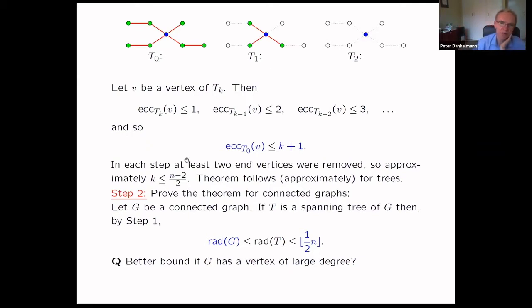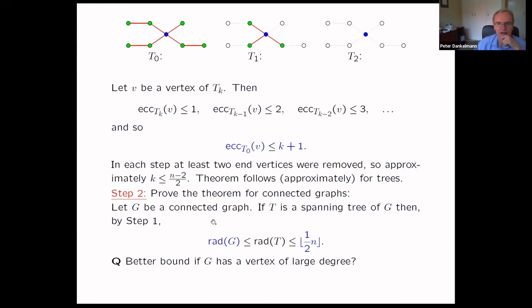Well, if you think a little bit more, it's at most n minus 2 over 2, and approximately this gives us the theorem. We just put this bound for K in and get that the eccentricity of V is about at most n over 2. If you want to prove the precise value with the floor, you have to check things a little bit more carefully, but the idea remains the same.